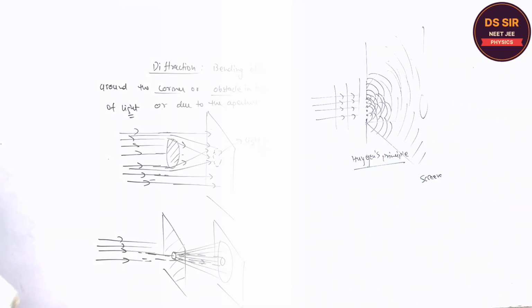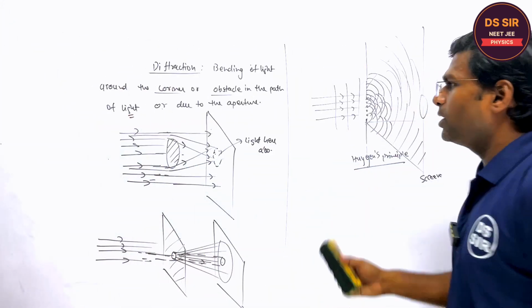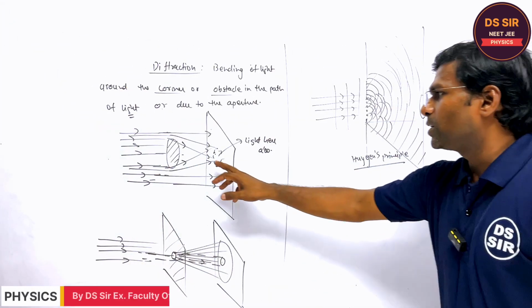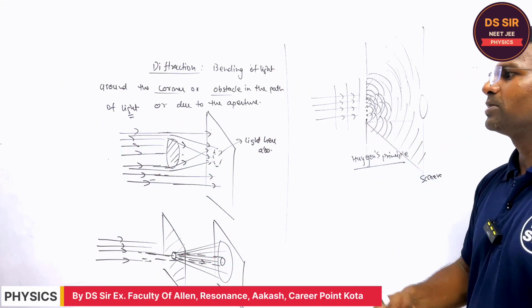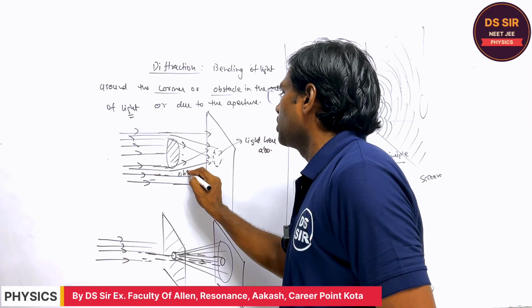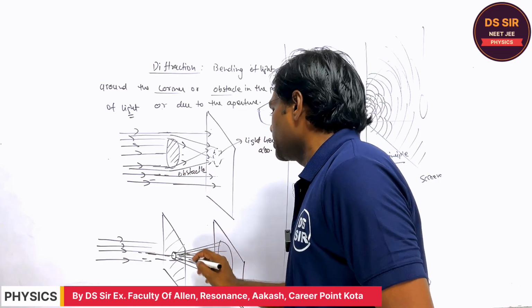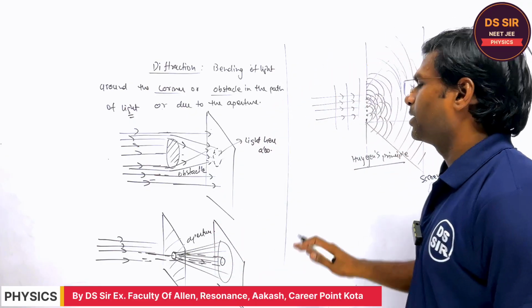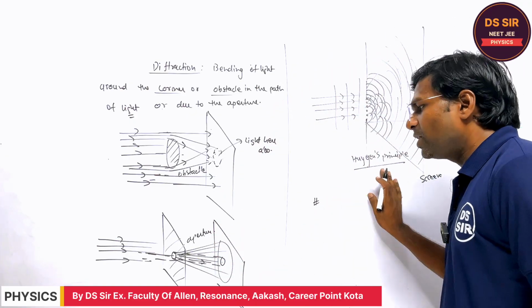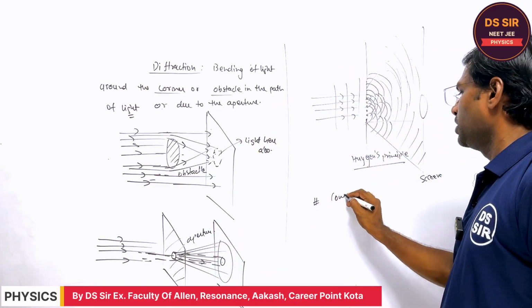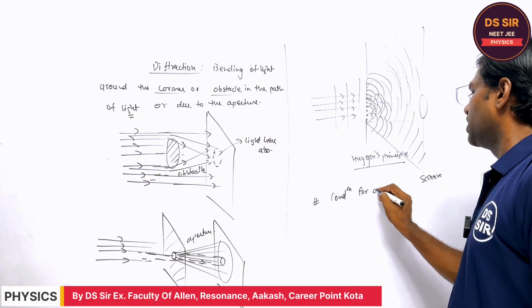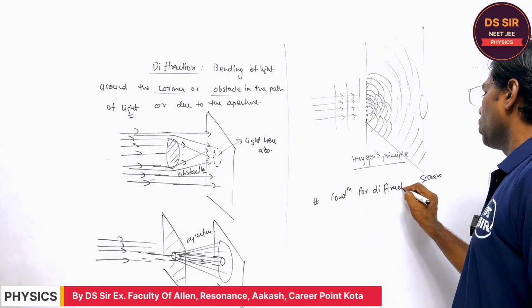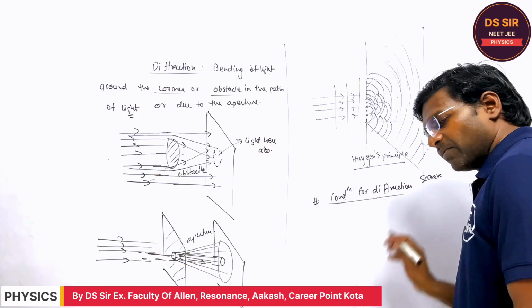Copy this. Okay, so this is called the diffraction when the obstacle or the aperture comes in the path of the light. This is the obstacle, and this is the aperture. The condition for diffraction, right? What is the condition for the diffraction? Listen one thing.